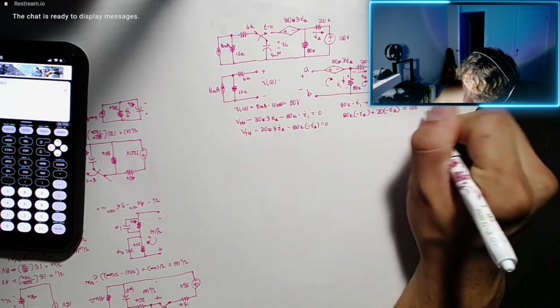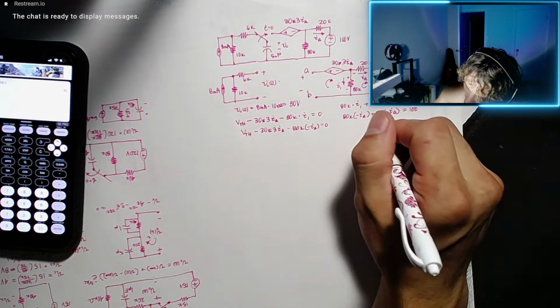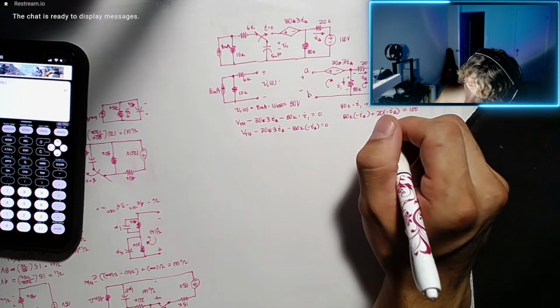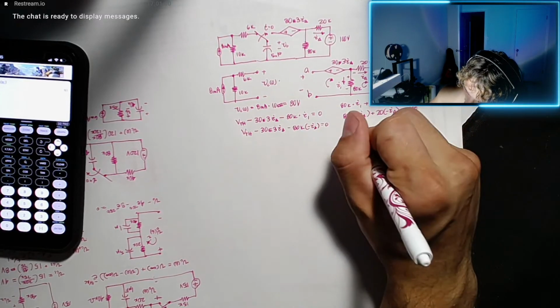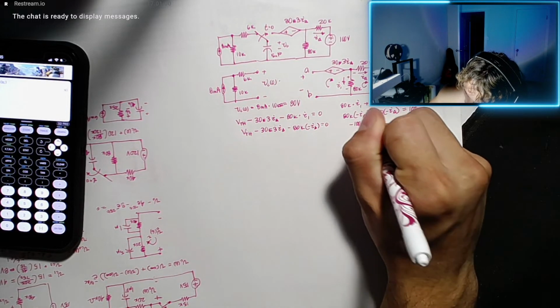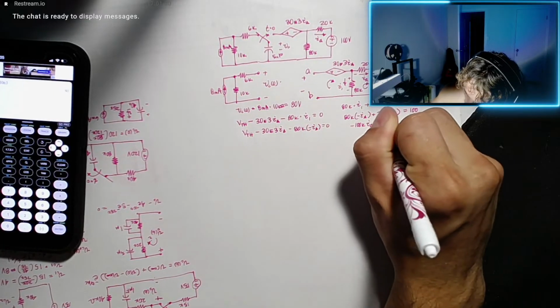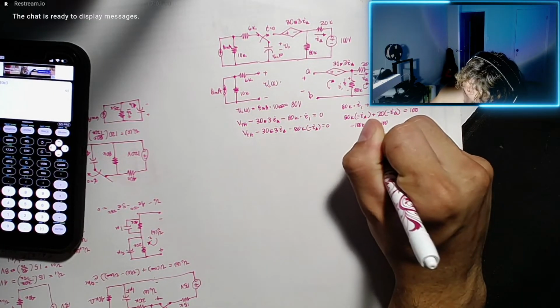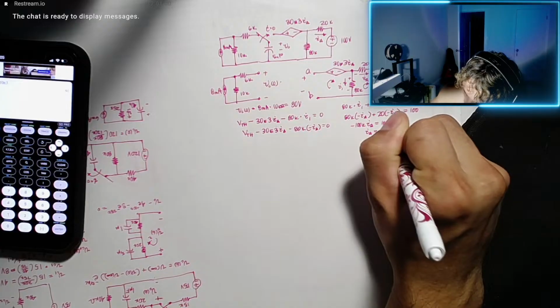equals 100. So 20k plus 80k, that's 100k, negative 100k I delta equals 100, I delta equals negative 1 amp.